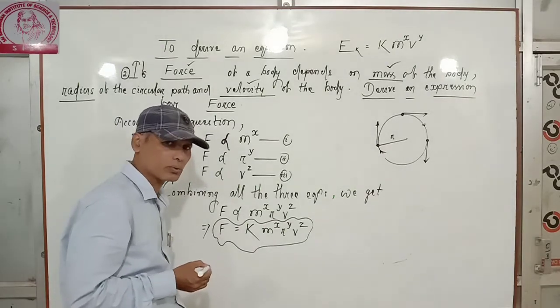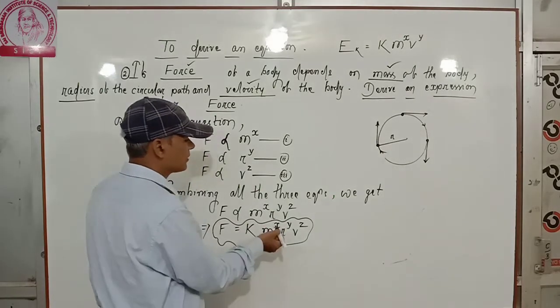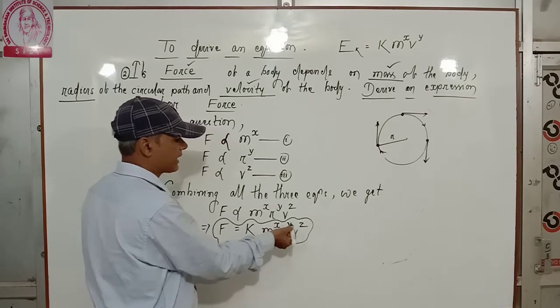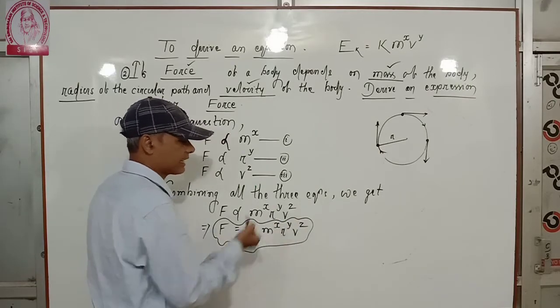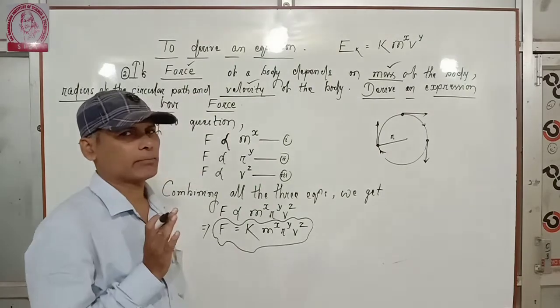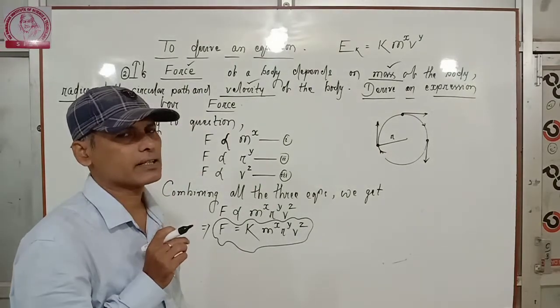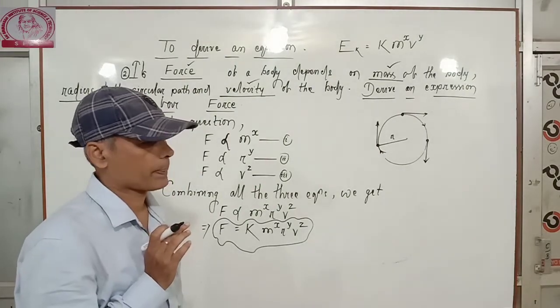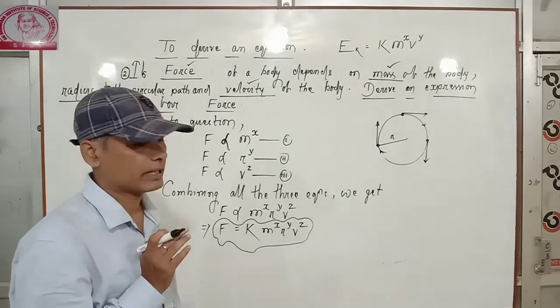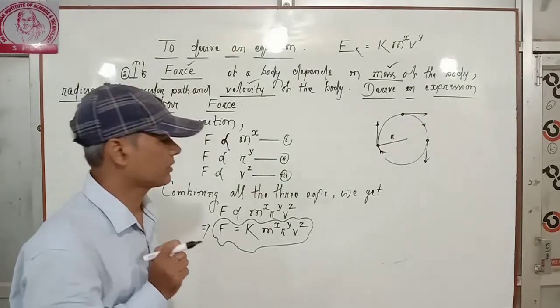Variables, unknown quantities. So now here there are three variables x, y, z. For three variables or three unknown quantities, we need at least three equations.